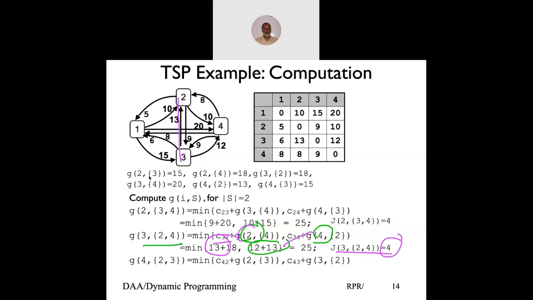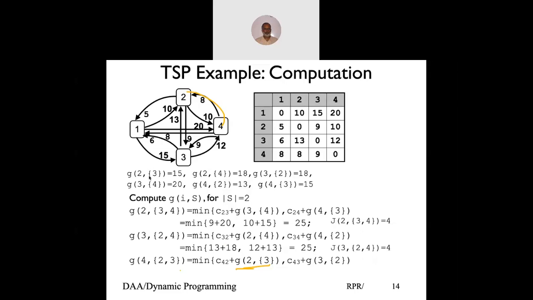Now the possibilities: we started from vertex 1 where the choices are 2, 3 and 4. I can go to vertex 4. After going to vertex 4, my choice is either to go via 2 or go via 3. From 4, I can go to 2, and then the only vertex left is 3, so G(2, {3}).